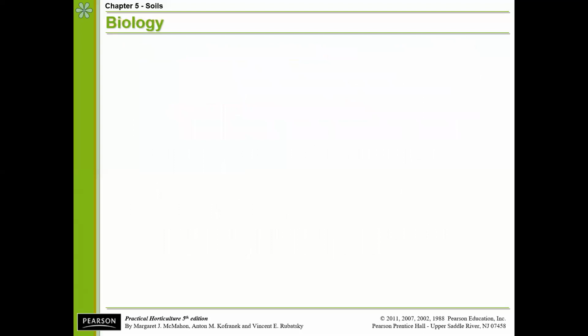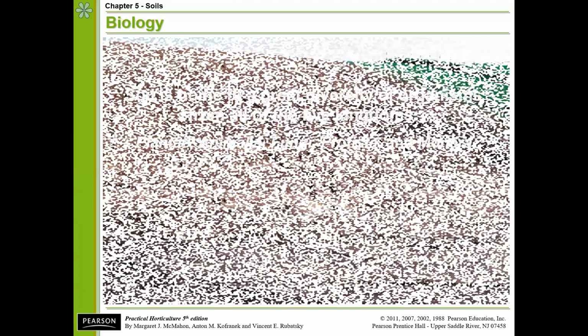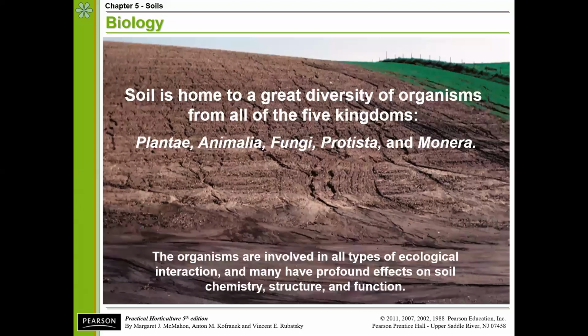And one of the things is just the sheer amount of life in the soil. There's actually been a lot of research on this in recent years. There's a whole food web of soil, with life cycles going on underground. It's interactions from all of the kingdoms of organisms: the plant kingdom, the animal kingdom, fungi, protists, and bacteria, the monerans.